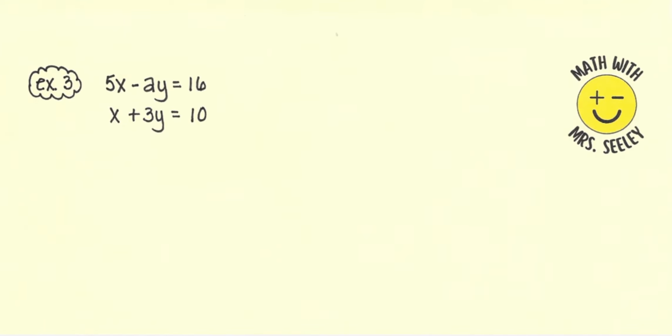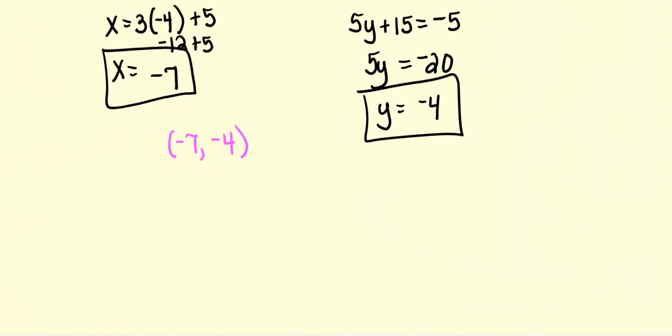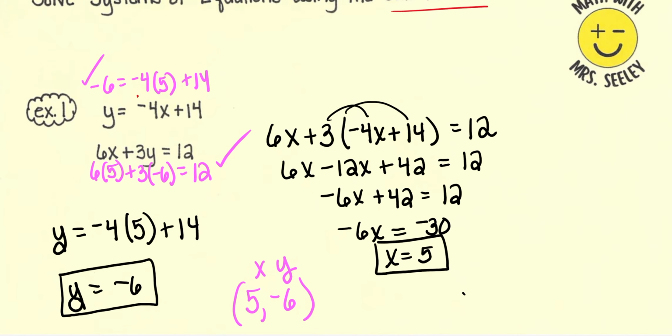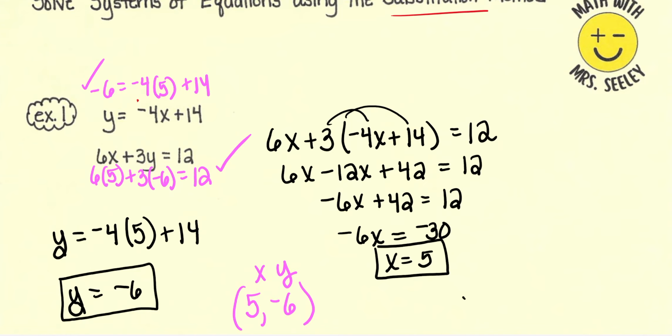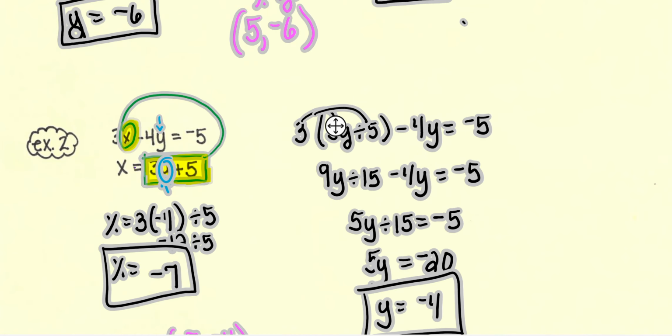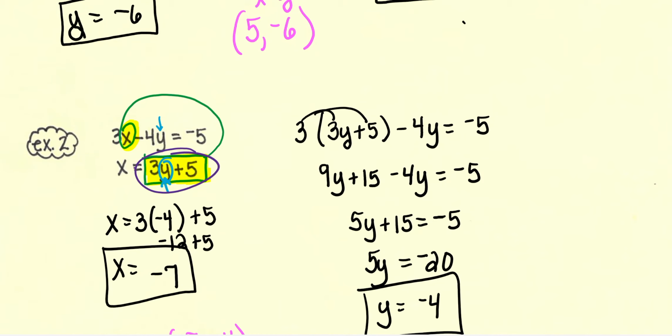Looking at example 3, there's something that's different about this one than the previous two. If you'll notice, in the previous two examples, they have told me right from the get-go that y is all this stuff, or x is all this stuff.